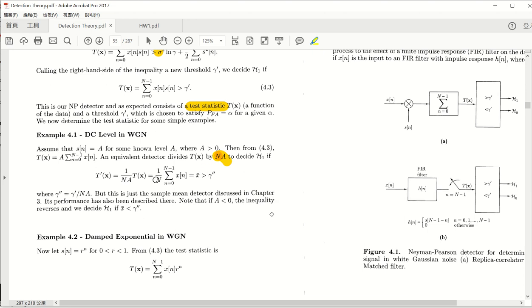It makes the mathematics still equivalent. It also simplifies the T of X, so we call it a new function T prime X. And then we divide by NA, and 1 over N, but A cancels out this A, and then we have a sample average larger than gamma prime.